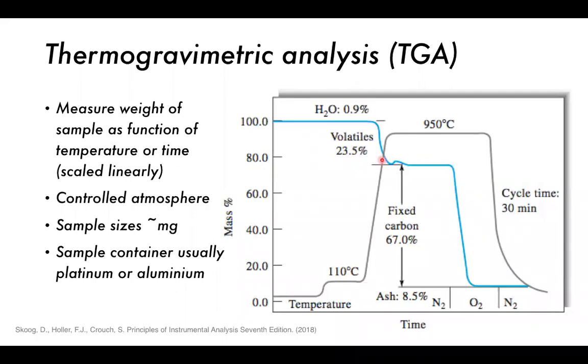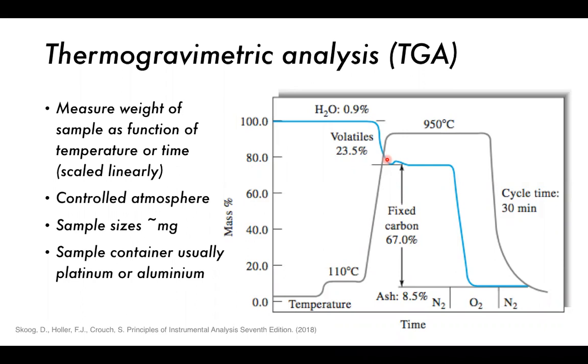Then after that, we start to increase the temperature pretty rapidly up to this final temperature of 950 degrees Celsius. And we see that all of the volatile things have come off. This could be an organic material that we're burning or analyzing. So we lose some weight as the volatiles are burnt off. This could be things like the product decomposing.